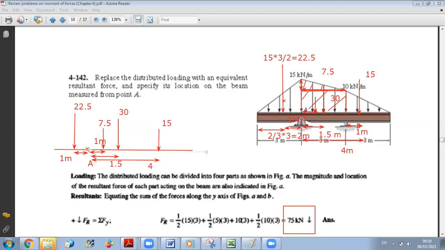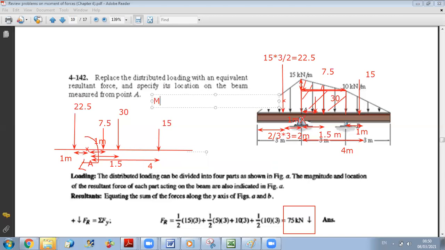Now for the moment about A, just pay attention. Choose a positive direction. Let's say you consider the clockwise. If you consider the clockwise as positive, the three forces at the right of A are doing clockwise moments, while the one at left of A is doing counterclockwise moment. So what will be your total moment?